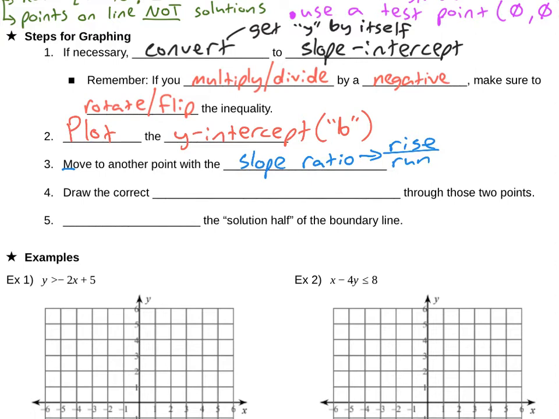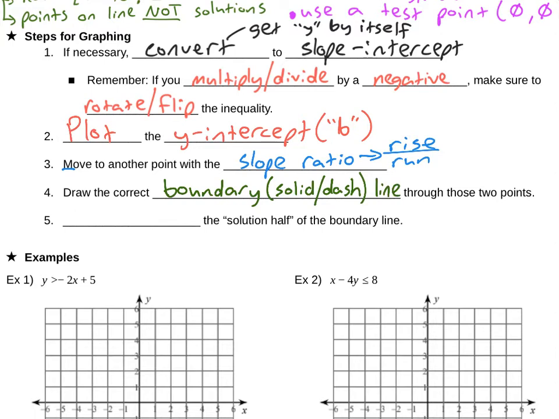Now that's all review, but now the extra things we'll add in here is the boundaries and shading. So the next thing we have to remember is draw the correct boundary line, which is determined by our inequality. We know that if it's an equal to, we'll have a solid boundary, or if it's a not equal to, just a regular old inequality, we'll have a dash boundary.